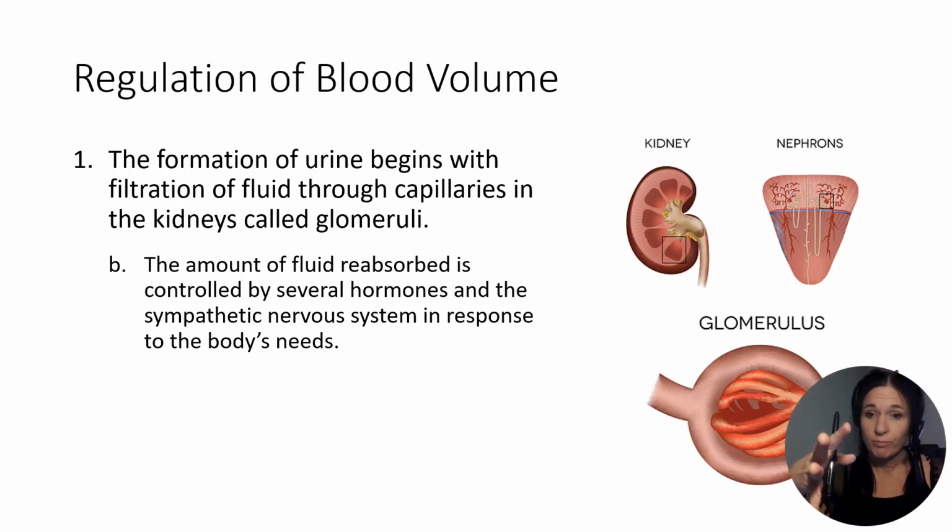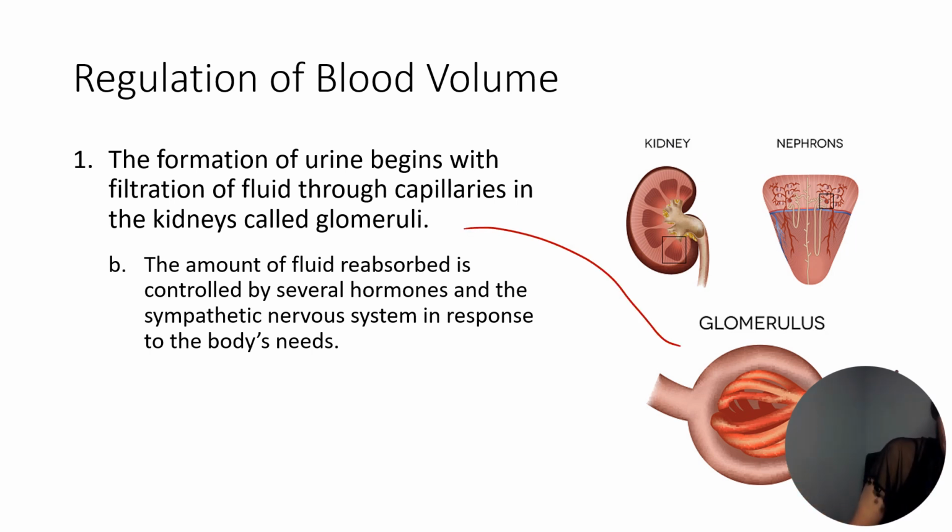Urine formation is going to begin when blood is filtered through glomeruli, which are the functional units of the kidney. Here we have a glomerulus. Blood is going to go through and be filtered, and some of that filtrate, or what is pushed out, will be reabsorbed.